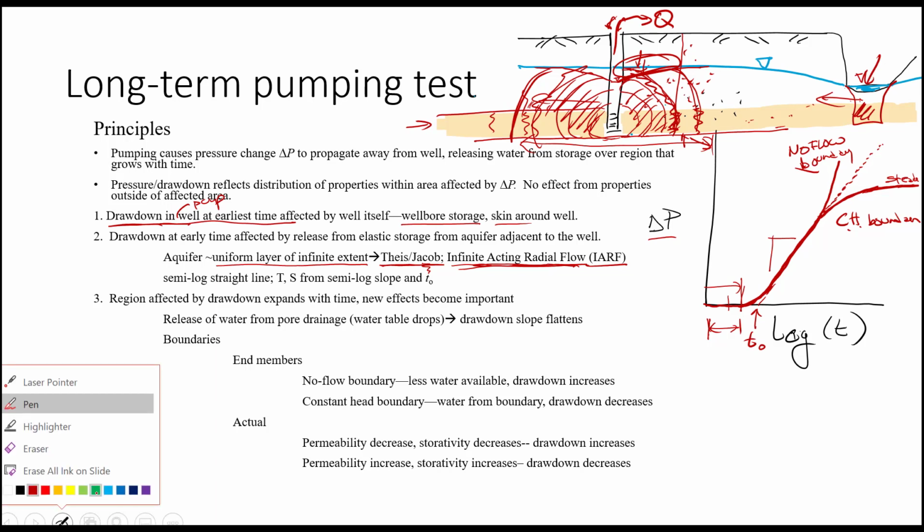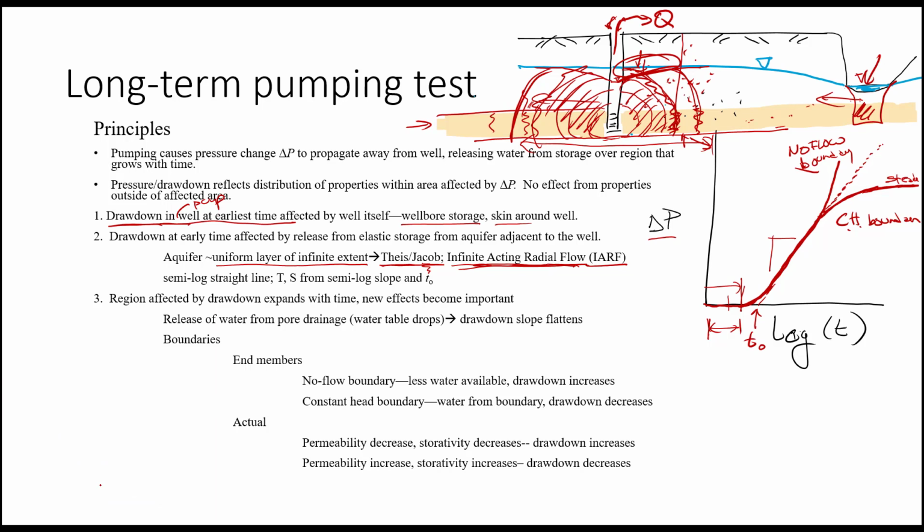Okay, so what's going to happen in that scenario is that if we have an unconfined aquifer, then we might have something like this where the drawdown goes along the same path up to this point, because as we're pumping, initially the drawdown is just confined to this region here.